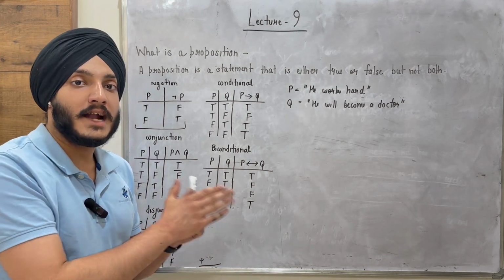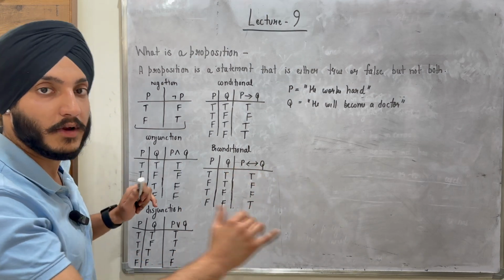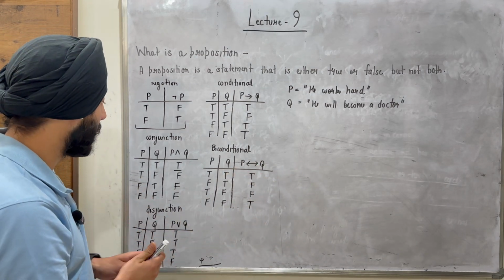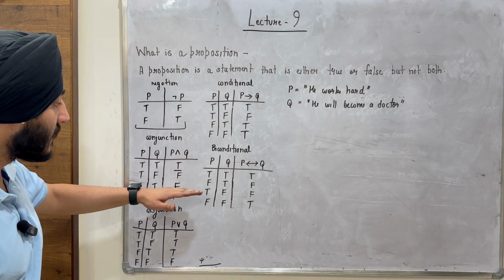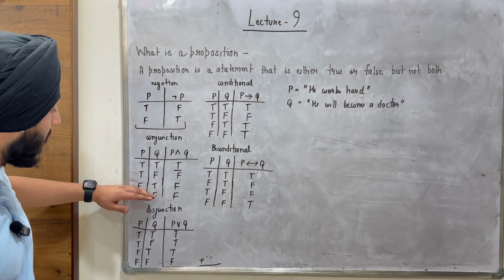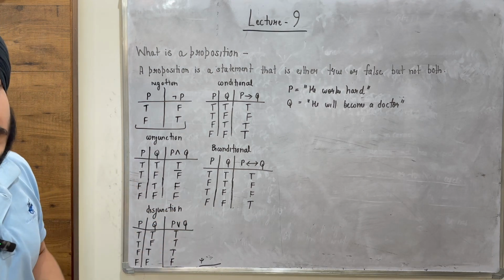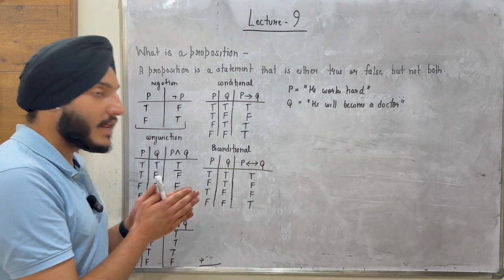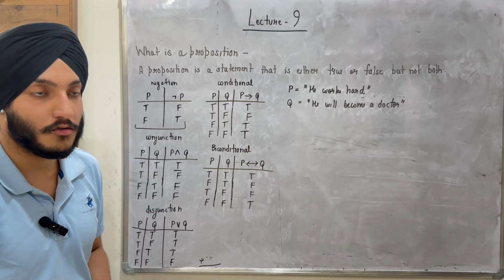Whenever I'm using the and in a sentence, I'm trying to say that both of the sentences are true, right? So you need to understand this very basic logic. Now, in this case, where Q is false, this entire condition is going to be false again. In the case where P is false or both of them are false, the condition is going to be false once again, right? So quick summary, in and, I want all the conditions to be true in order for the entire condition to result in true, right?